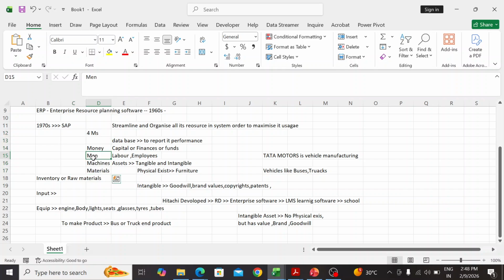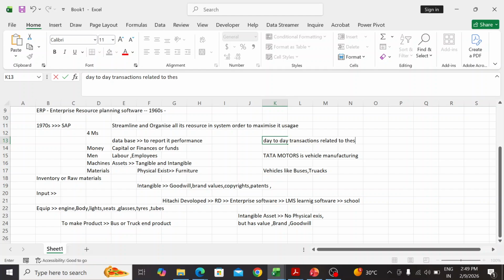If it is a software company, there is no requirement of materials, but they will definitely deal with the other M's. So they must be able to capture the day to day transactions related to these four M's.